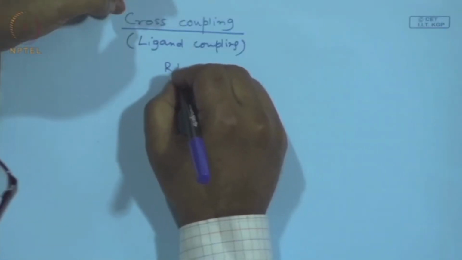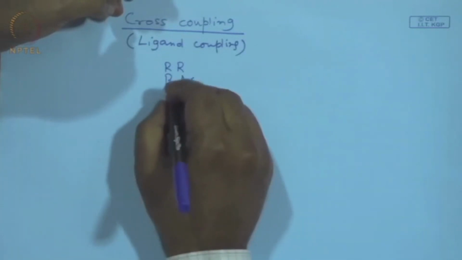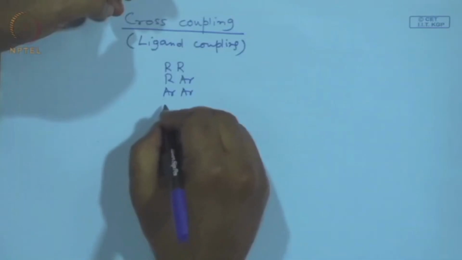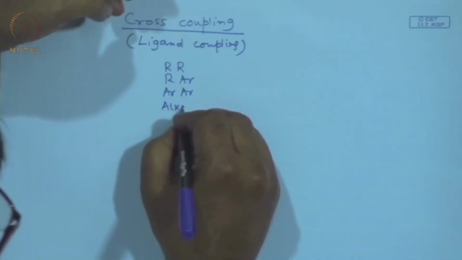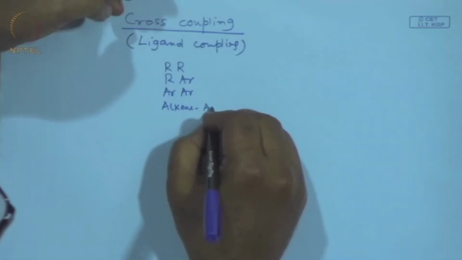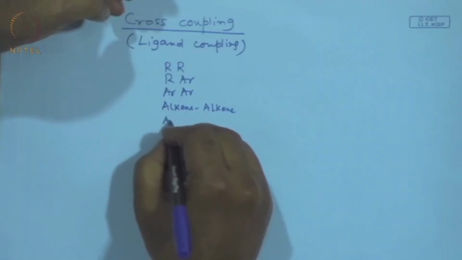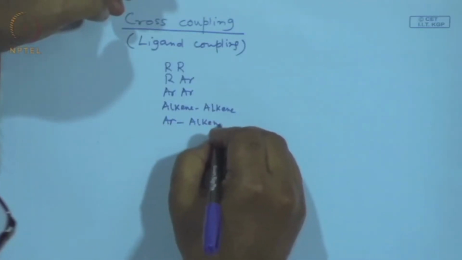So, it could be R, it could be of course aryl, it could be alkene and alkene, all possible combinations, aryl and alkene.